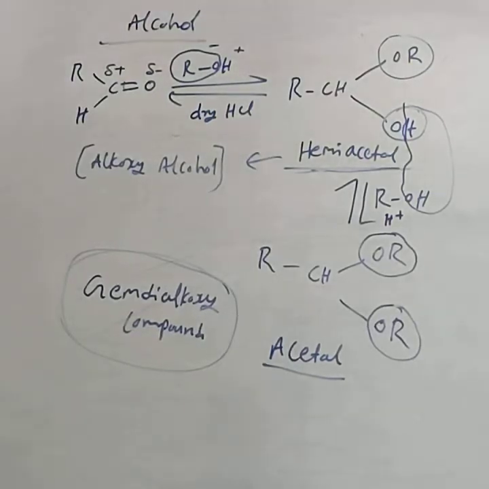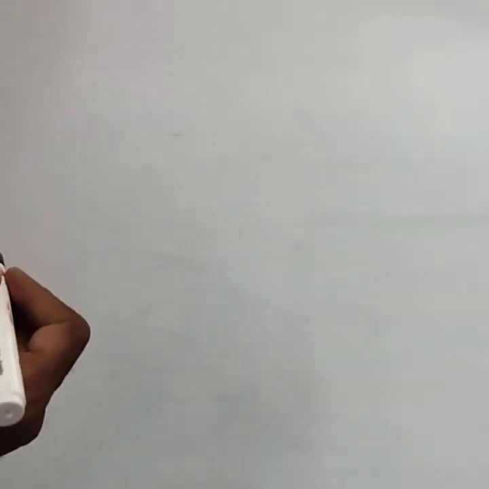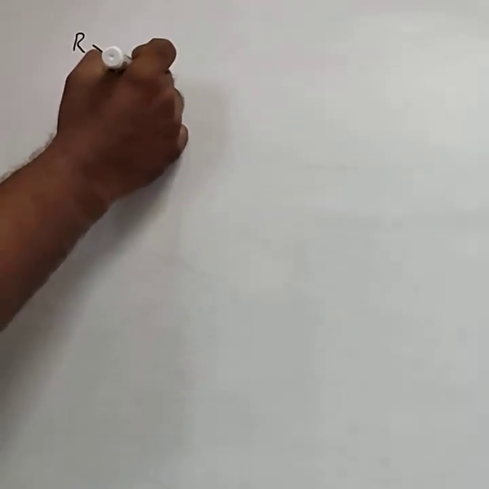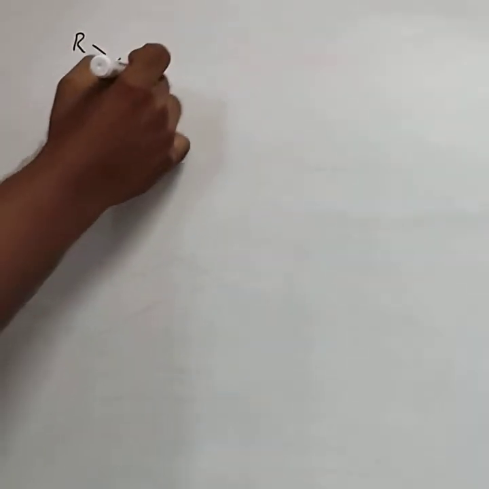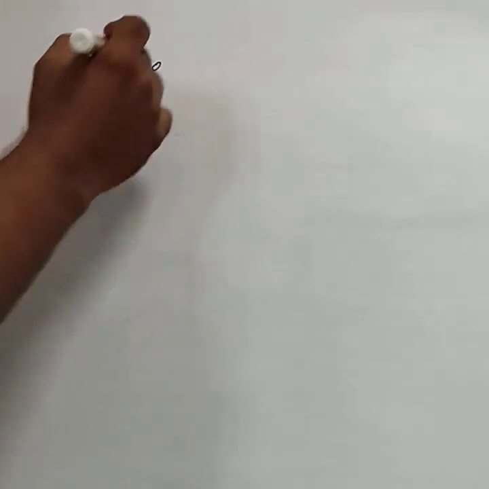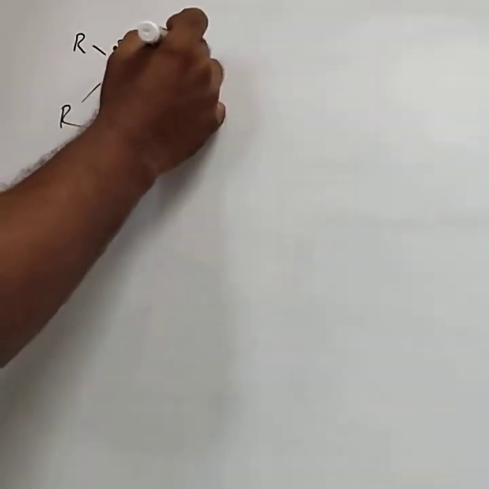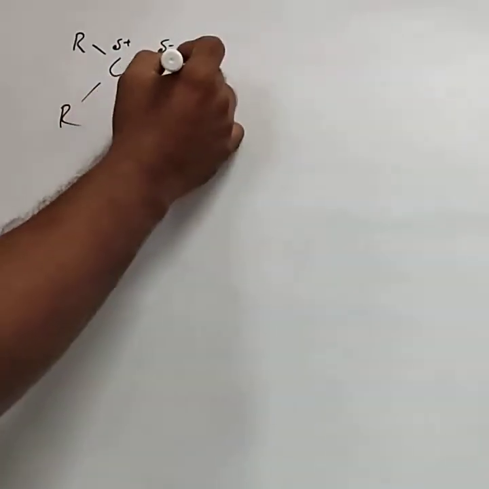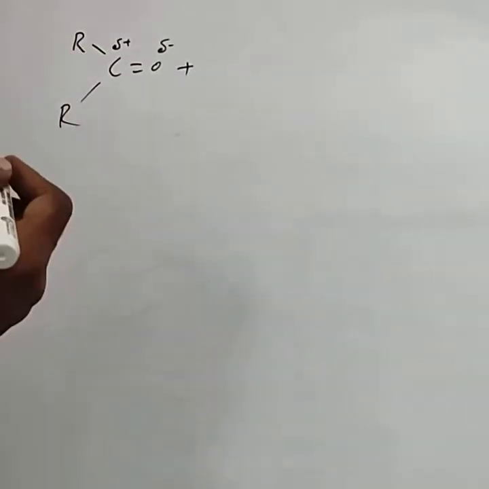Next you consider the ketones. For the aldehydes, we use the monohydric alcohol. You take a ketone, RCOR. This is delta plus and delta minus. For that ketone, you take a dihydric alcohol.